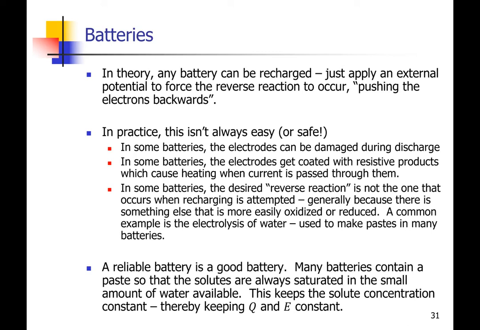And so essentially then you'll find that in a lot of batteries, the insides of them are pretty much a paste or a slurry. There's a lot of solid, a tiny amount of water that allows the current to flow, and that water exists as a constantly saturated solution, maintaining constant concentrations and therefore maintaining a constant reaction quotient.